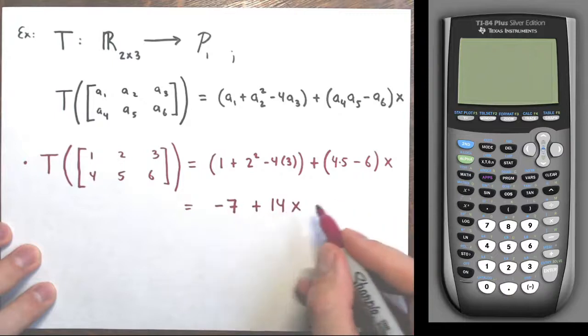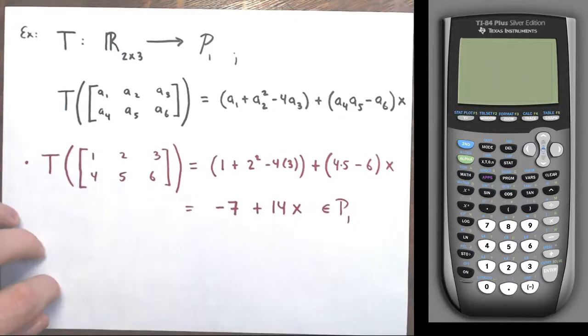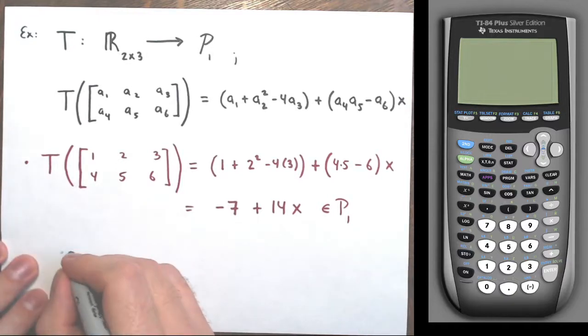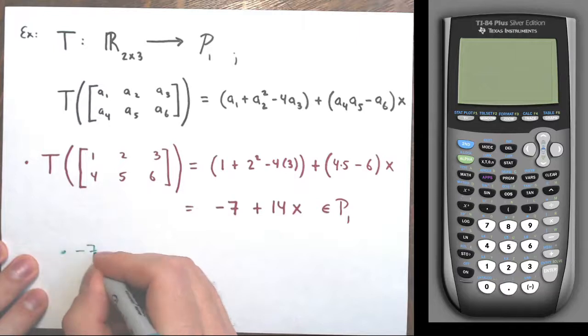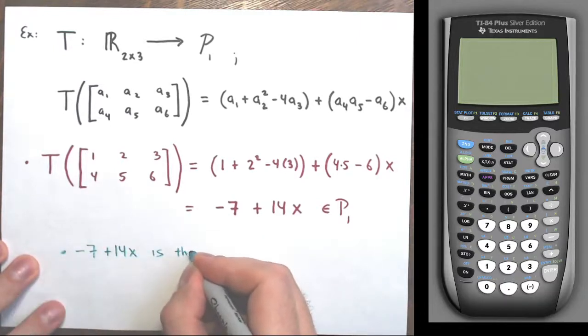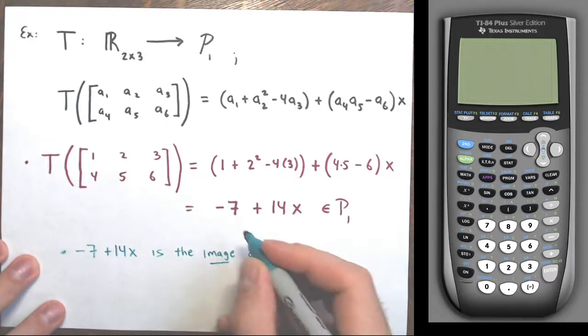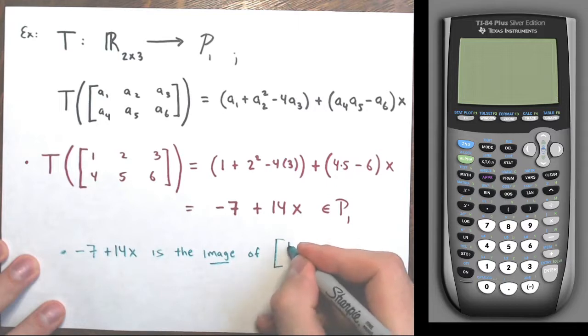And you see this belongs to P1. This is a polynomial of degree 1 or less. And there you go. Some terminology: we would say that negative 7 plus 14x is the image of this input, this 2 by 3 matrix here.